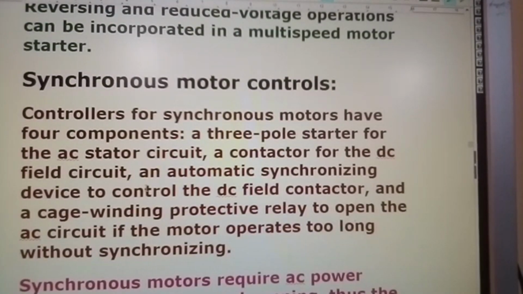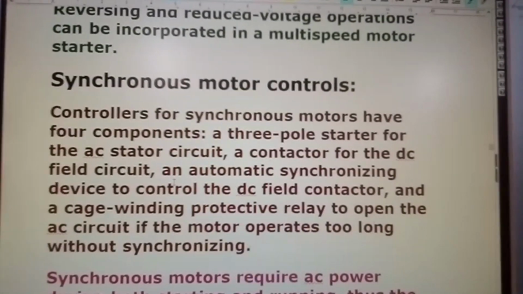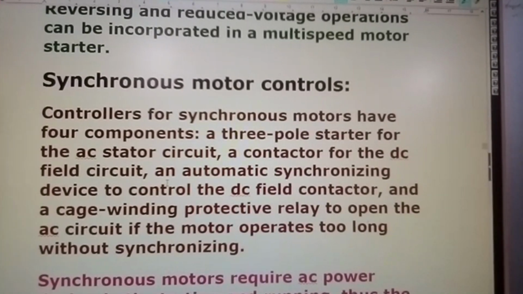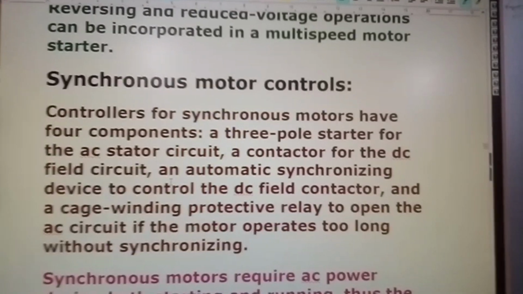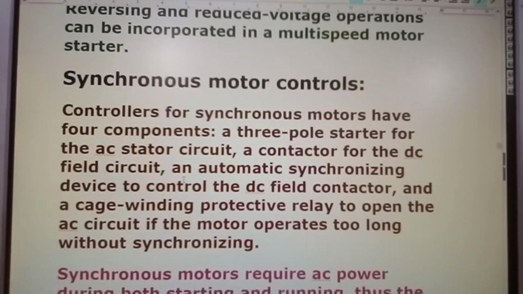Now, synchronous motor controls. If you look at the videos I've done already on motors, you'll see that I've mentioned quite a bit here on synchronous motor controls as well. So look in the electrical principles section in the playlist.